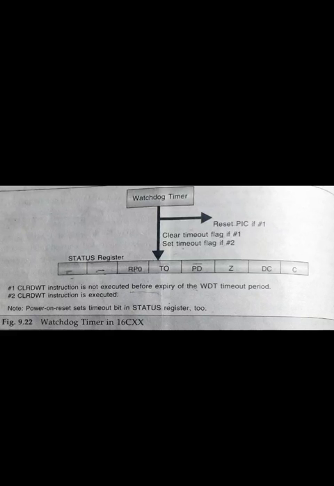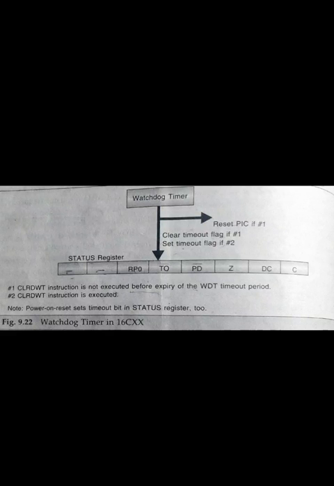There is programmable prescaling possible with the option register bits PSA, PS0, PS1, PS2. The maximum timeout period corresponds to PS2, PS1, PS0 set to 1, 1, 1 in the option register with PSA 1, giving a timeout period of 128 times 18 milliseconds, equal to 2.304 seconds.